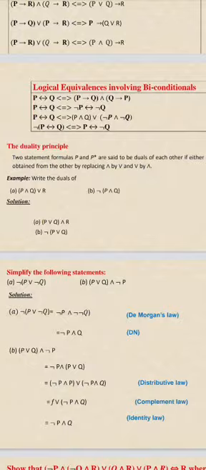Example: P and Q, or R. Then and is replaced by or, or is replaced by and, giving P or Q, and R. Another example: negation of (P and Q) and negation of (P or Q). This is a duality statement.